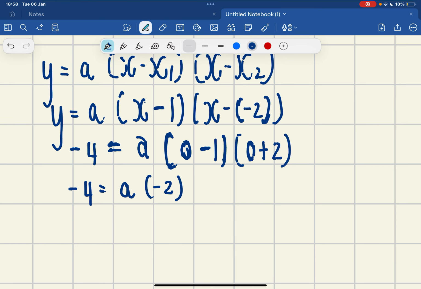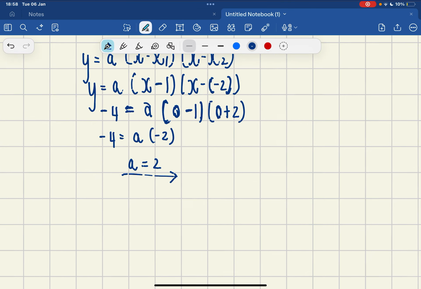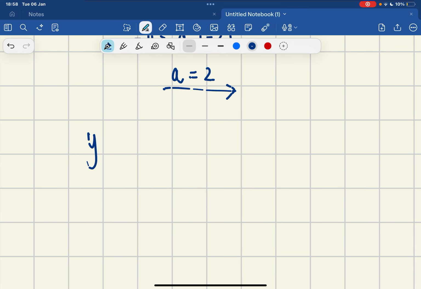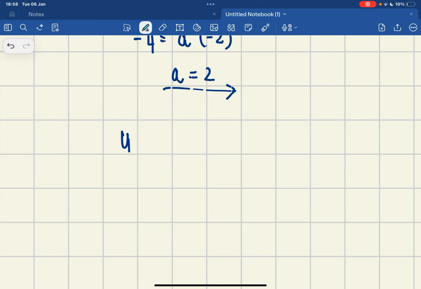So a is equal to -2. No, a is equal to 2, I mean. So therefore, we then get it into the standard form, y is equal to 2x plus 2 times x minus 1. Excuse me, boys and girls. Y is equal to 2 times x plus 2 times x minus 1.